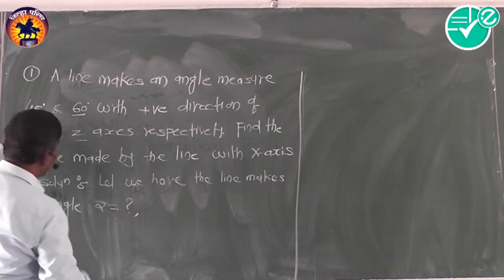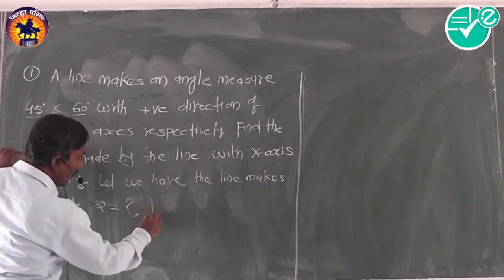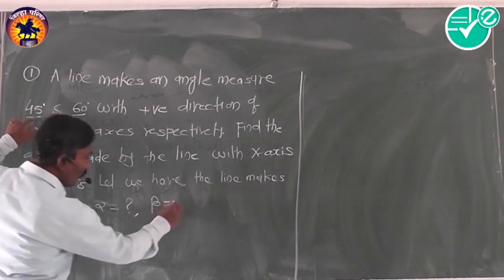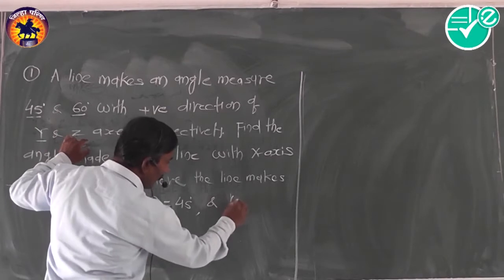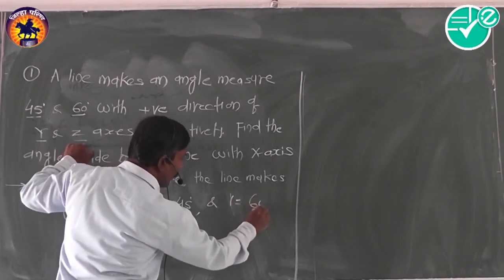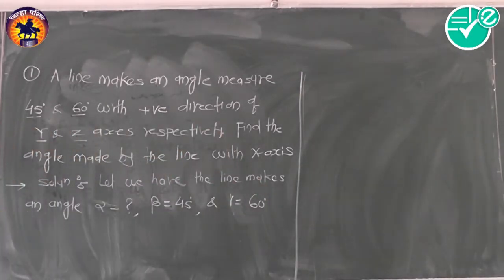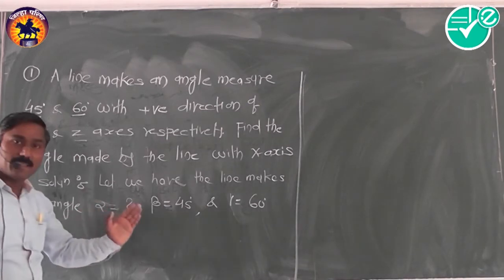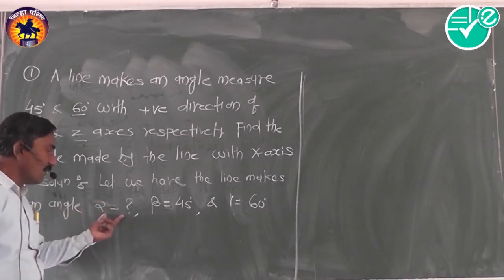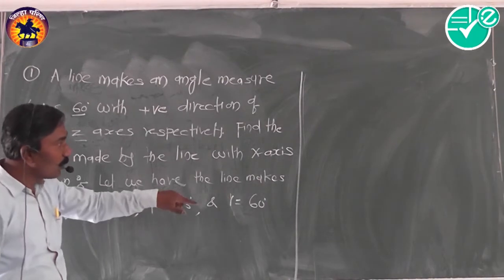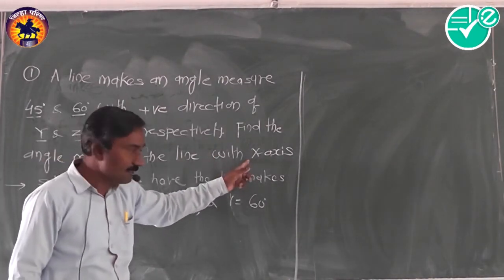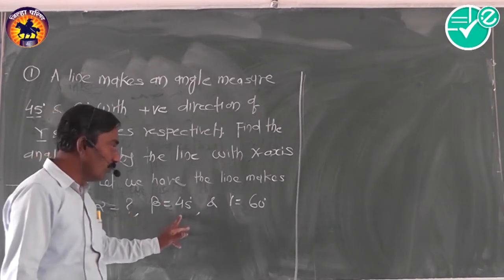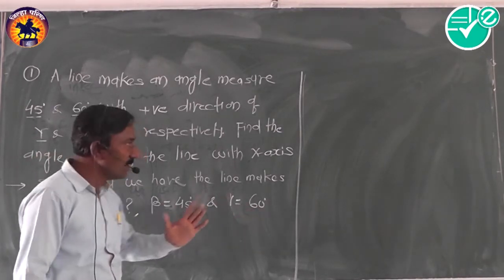Beta is given, that is 45 degree, and gamma is equal to 60 degree.